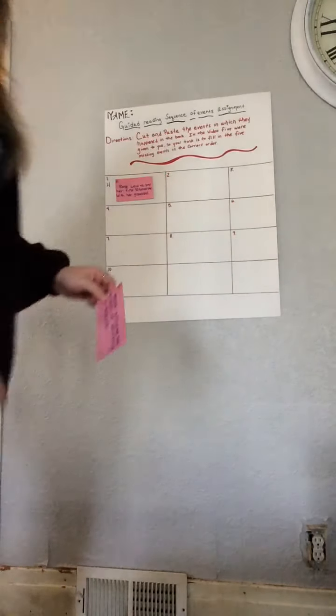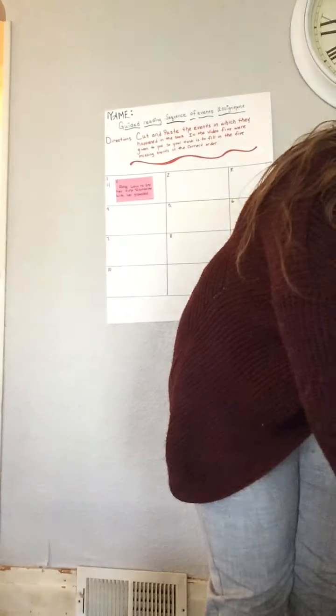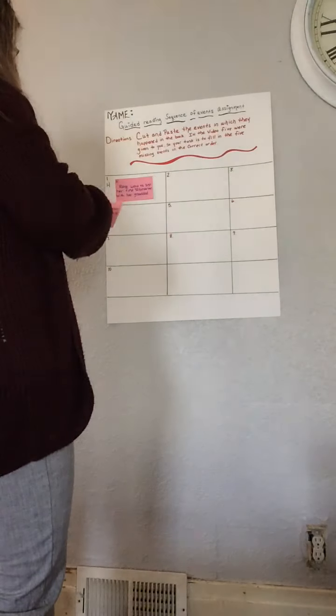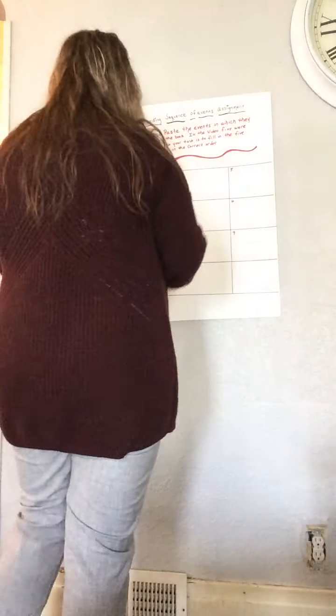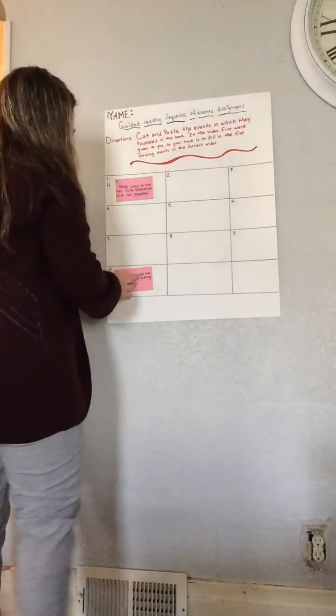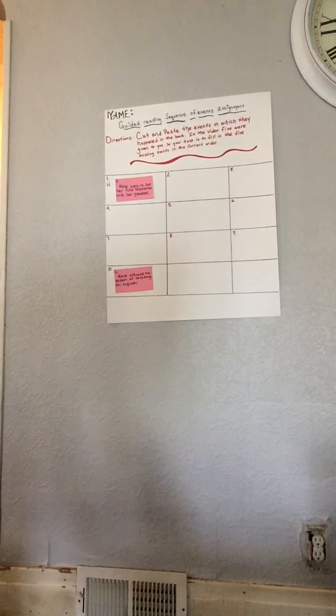So if we look back in the book, that's going to be the last event. So we're going to fill that in under number 10. And let's do a couple more. So I'm going back in the book and I'm rereading to make sure I'm correct on my answers.